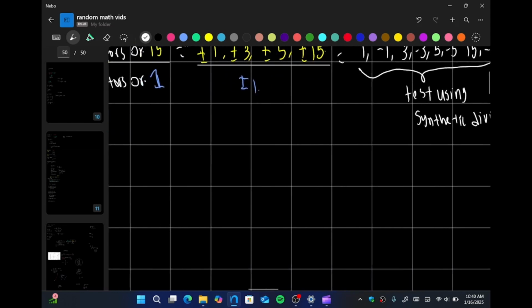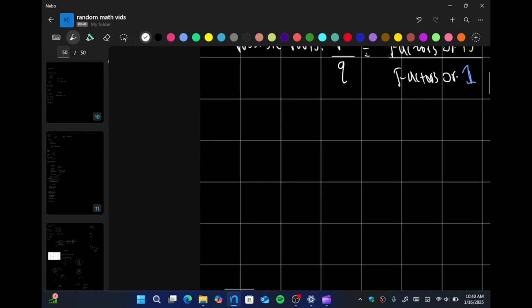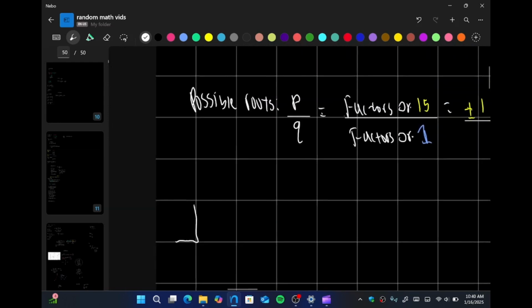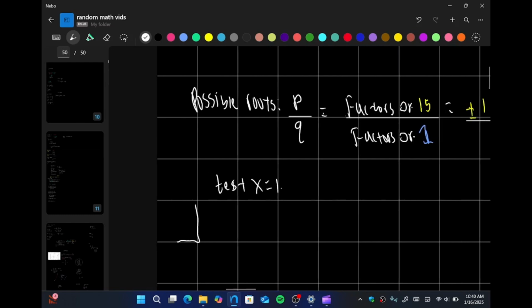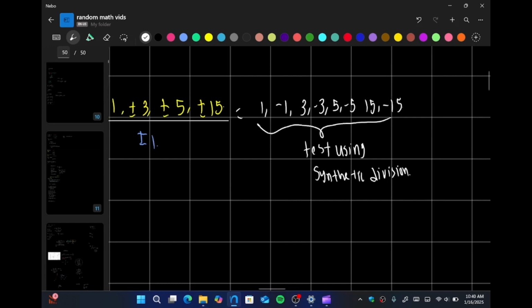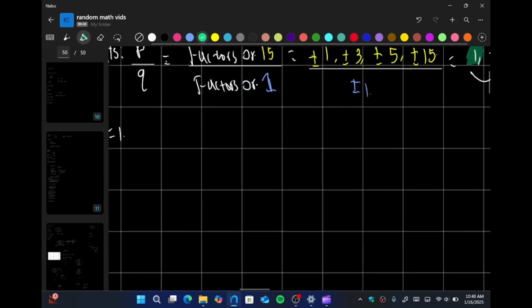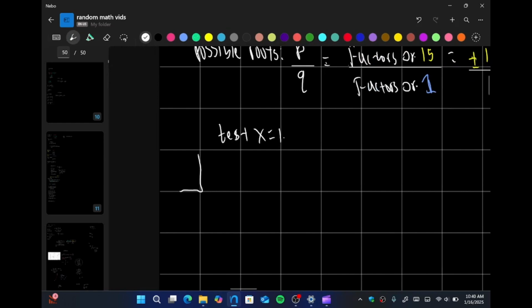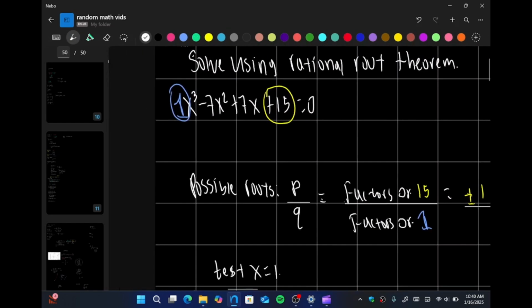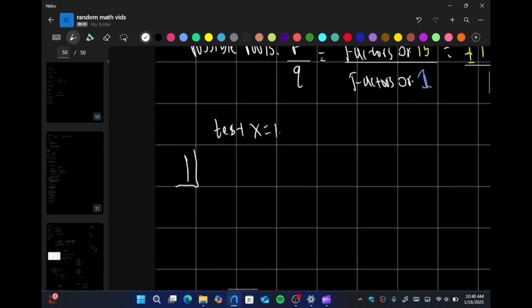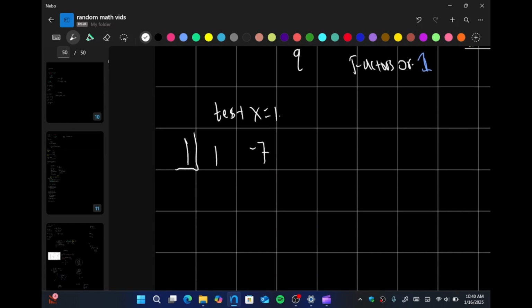Let's go ahead and do that. The way synthetic division works, guys, let's test x equals 1 first. The first thing we do is list our coefficients: 1, negative 7, 7, and 15.